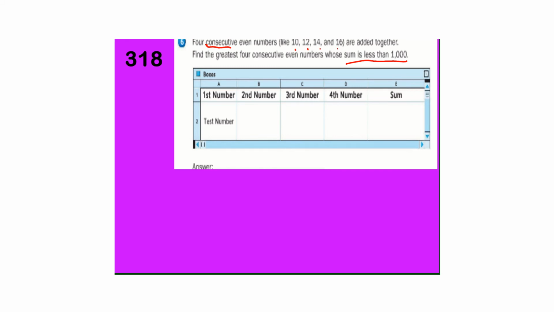These are the even numbers. So we need bigger numbers than 10, 12, 14, and 16, because if we add those together, we get 52. We need the biggest number we can get, 900 and whatever, that's less than 1,000. So pause the video. I'm going to do it as well because I don't know that answer off the top of my head. And we'll see if we can figure it out.